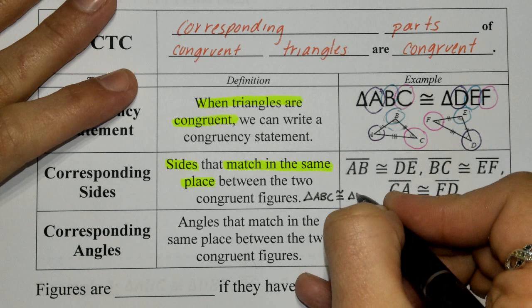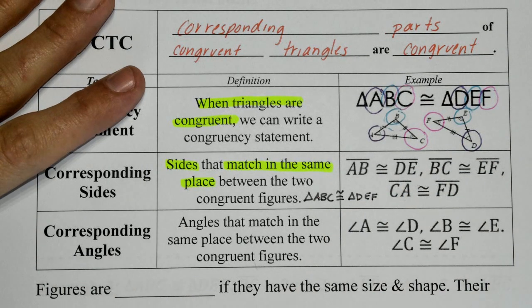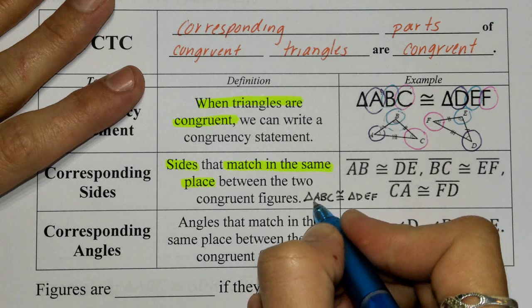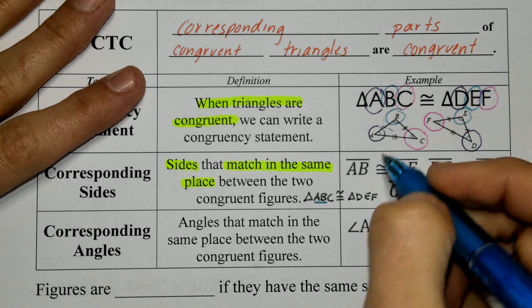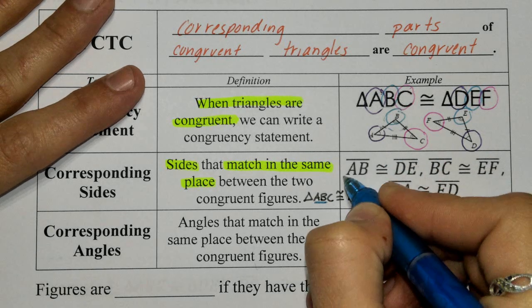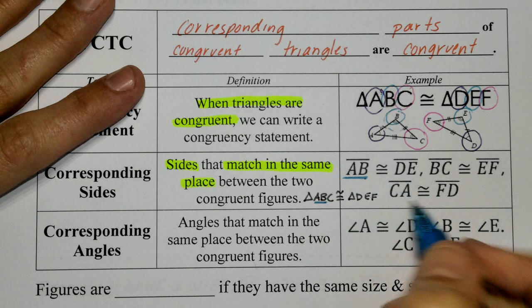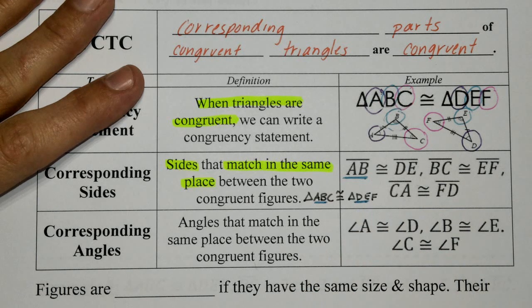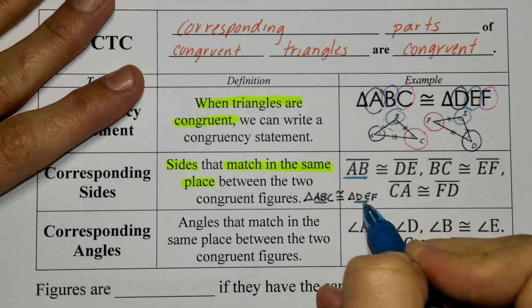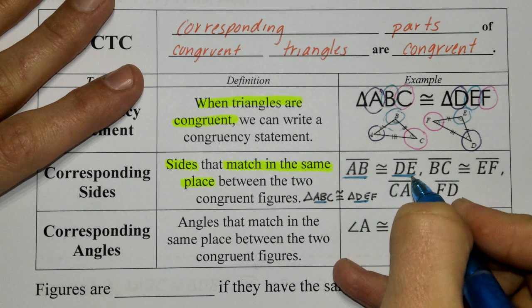There's a reason I'm doing this, and I suggest you use colors and do this as well. What we're going to notice here is the first two letters, AB, represent segment AB. So we're going A to B, so we have to go to the next name and choose the first two letters as well. So AB will correspond and match with DE, segment DE.